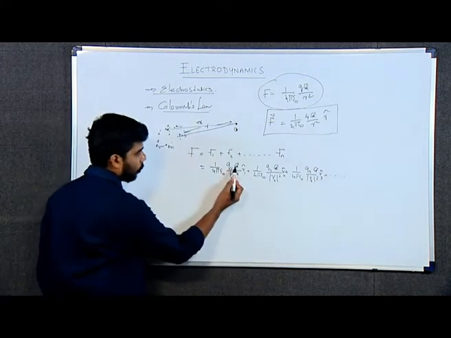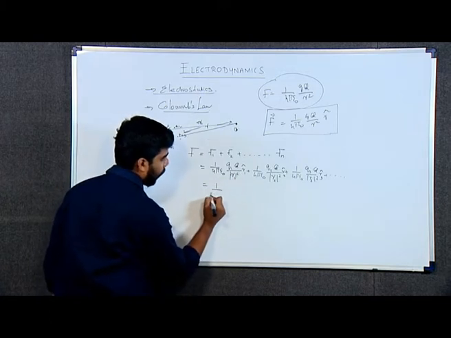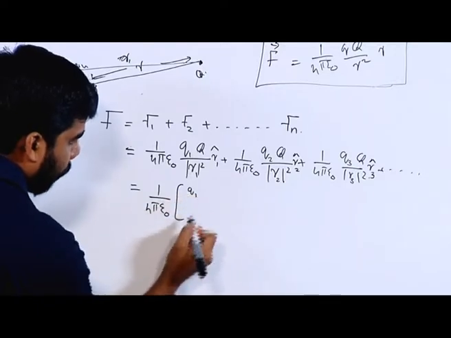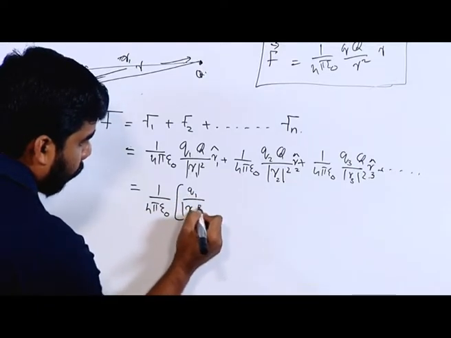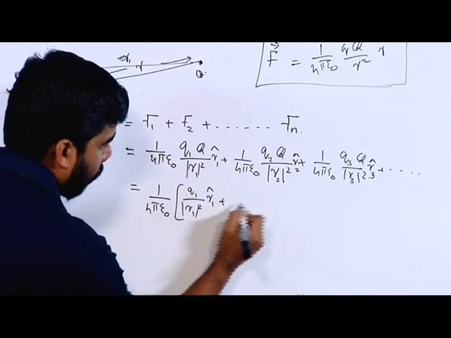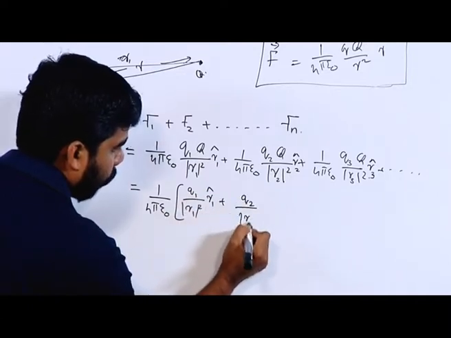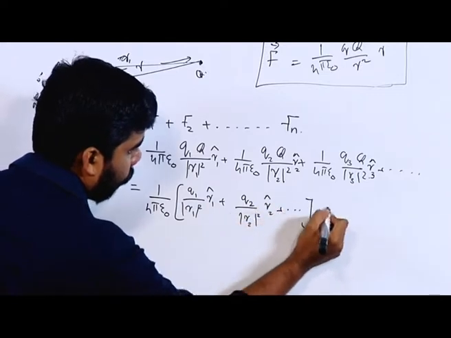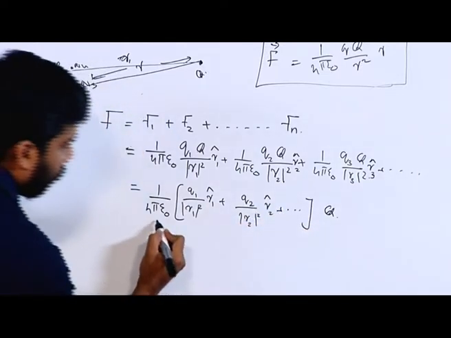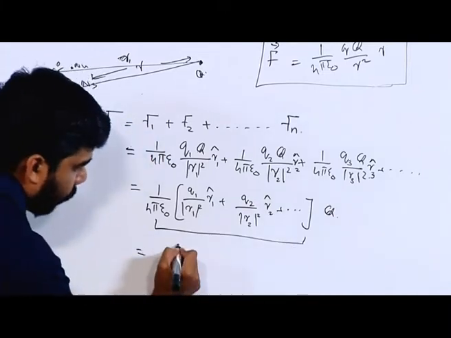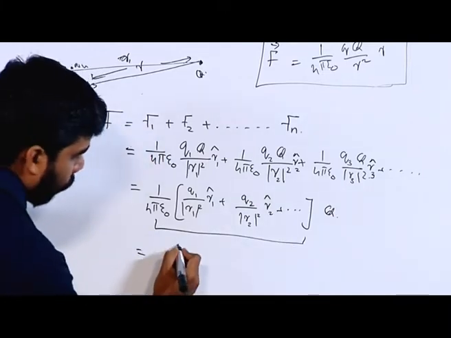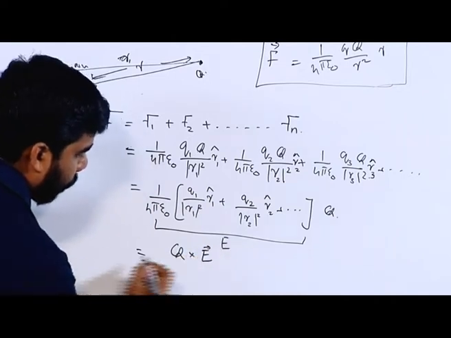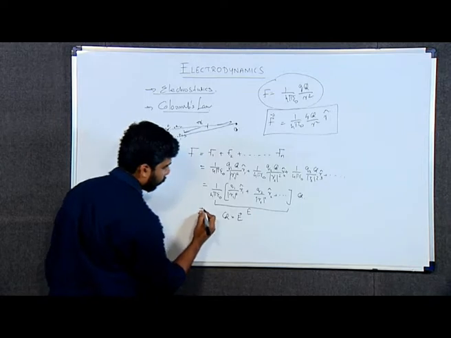So one thing is common here, which is Q. So I can take 1 by 4 pi epsilon 0, Q1 by modulus of R1 square into R1 cap plus Q2 by modulus of R2 square into R2 cap, etc., into Q. I name this quantity, which is multiplied by Q, as E, which is equal to force.